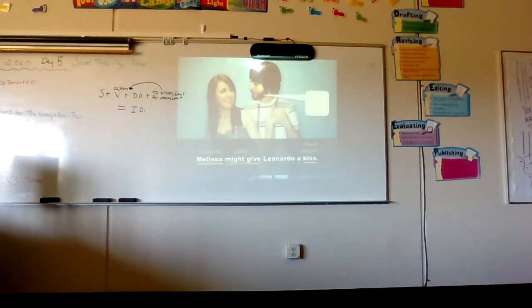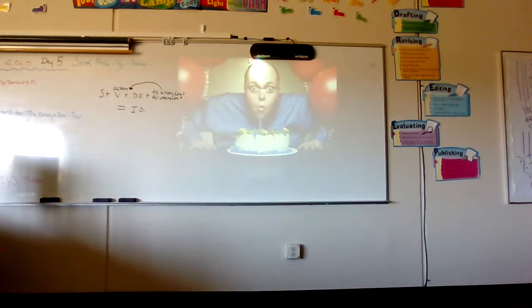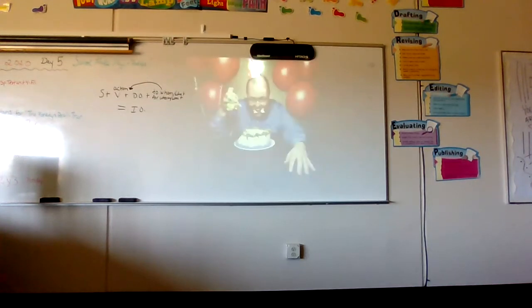Kiss is the direct object. Leonardo gets the kiss. Chef Henry baked Jim a cake. Chef Henry's the subject, baked the verb. What did he bake? A cake. Jim gets the cake. So that's the indirect object.